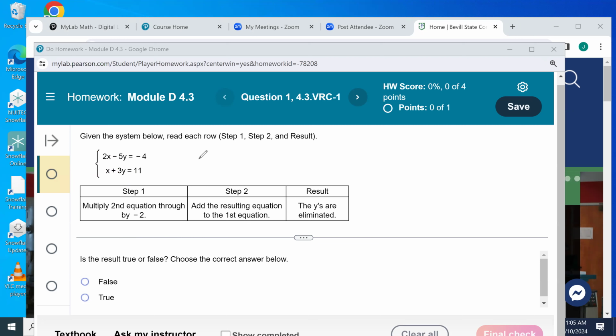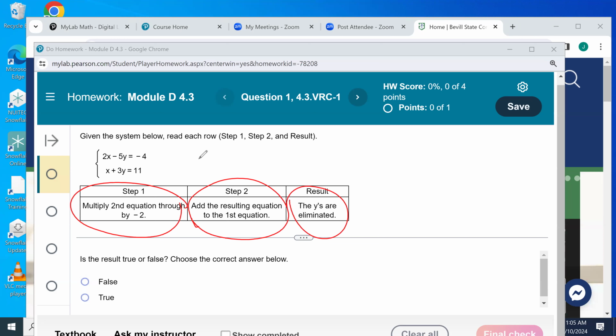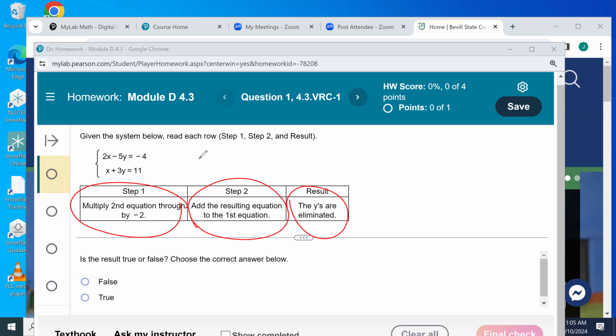So if I was to multiply the first equation by -2 and add the two equations together, would the y's get eliminated? Would they? This is true or false. They're asking you that.